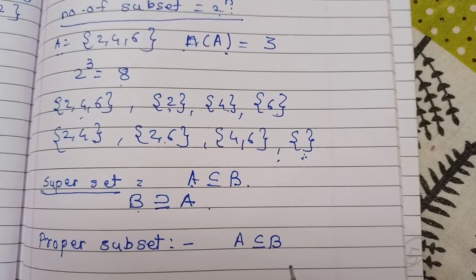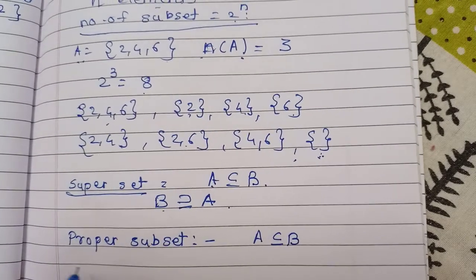If A is a subset of B, and we want to check whether A is a proper subset of B, then there should be at least one element in B which does not belong to A.